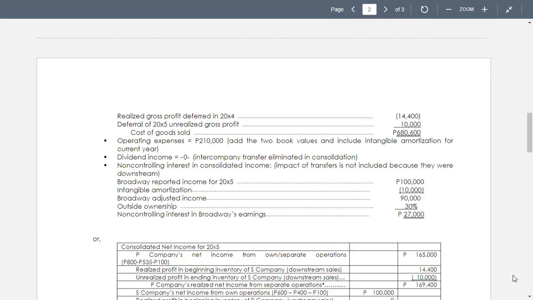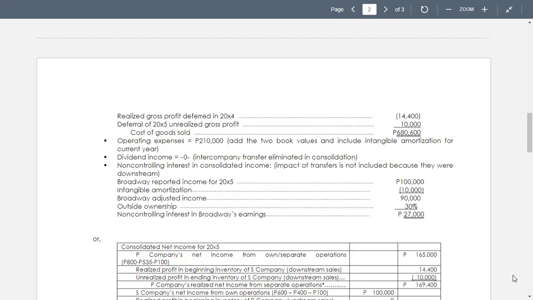So the amount of 72,000 as we multiply it by 20%. Okay, now we have the amount of second requirement, cost of goods sold, 680,600. Next requirement is operating expenses.